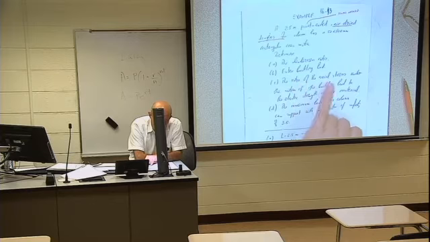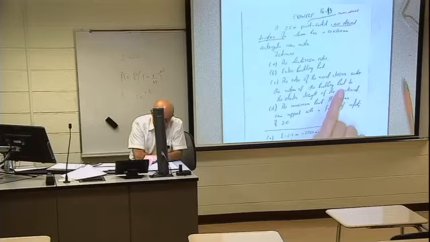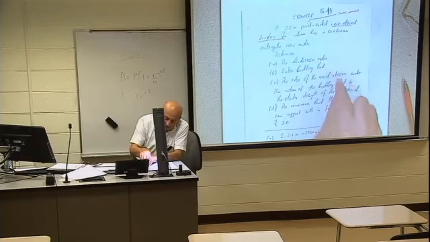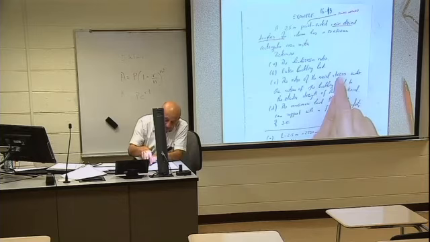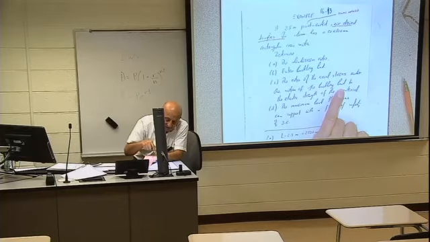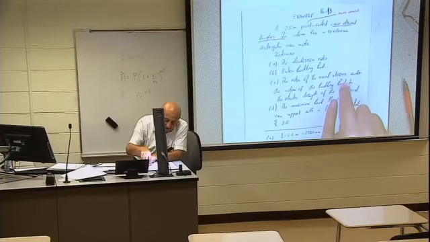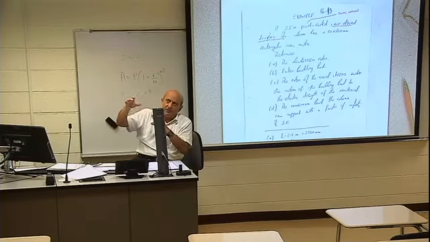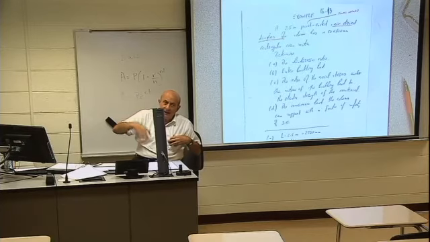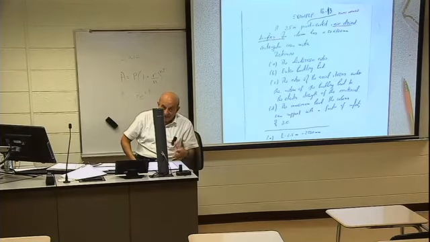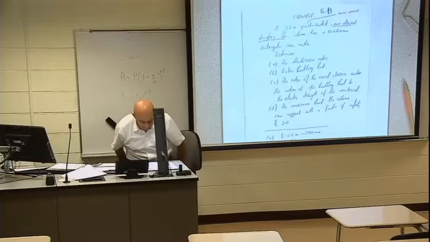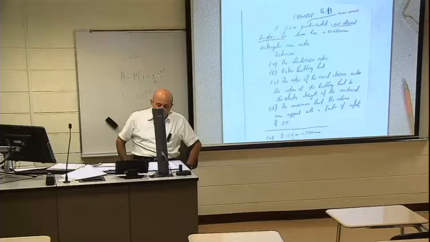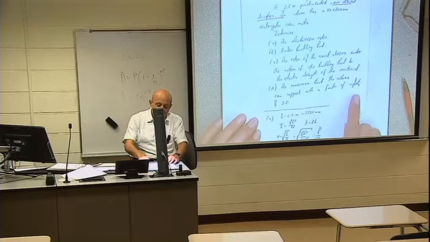Then the ratio of the axial stress under the action of the buckling load. Once I calculate the load, I should find the axial stress by dividing this load by the area. Then I would like to have the ratio of this stress to the yield stress of the material, to know how small or big my buckling stress is in comparison with yield stress. Then also the maximum load that the column can support with a factor of safety of 3.5.